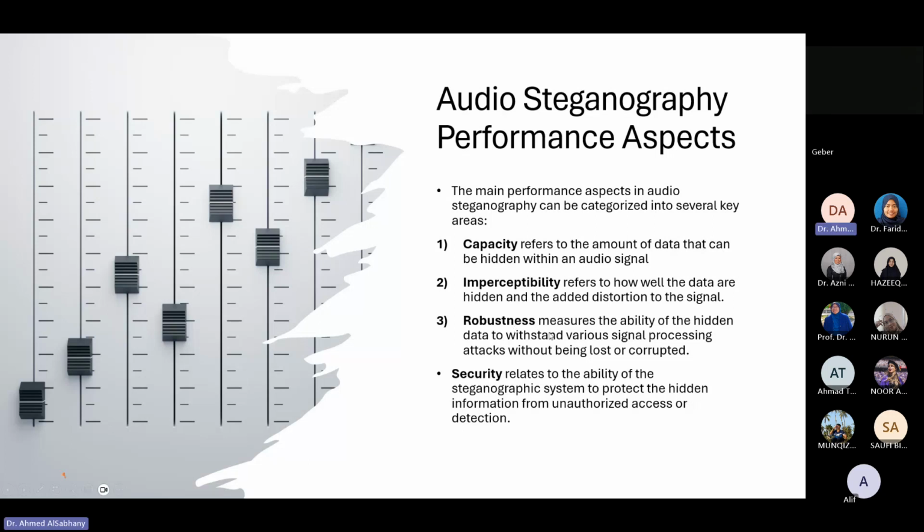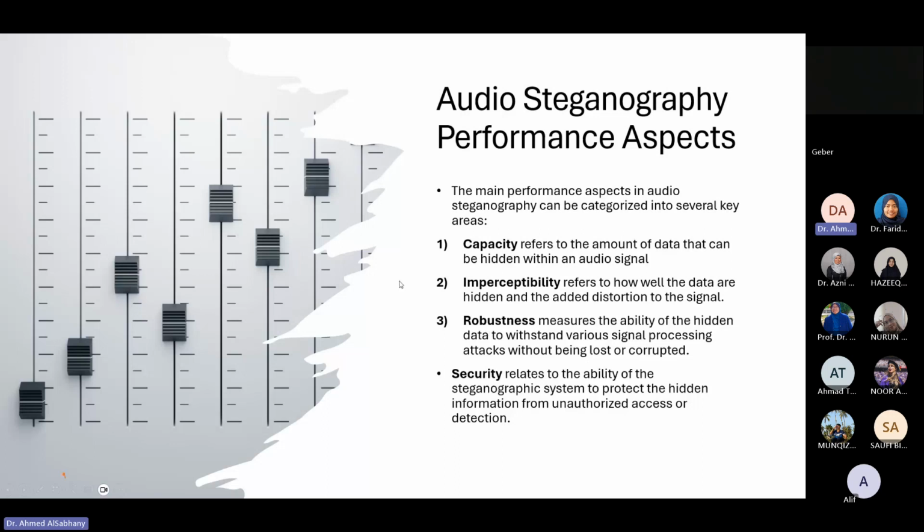The robustness, on the other hand, measures the ability of the hidden data to withstand various signal processing attacks without being lost or corrupted. So in the robustness factor, we are subjecting the signal to attacks such as noise addition, compression, low-pass filtering, and high-pass filtering, and we want to see if the embedded message can withstand these attacks without being destroyed or corrupted.